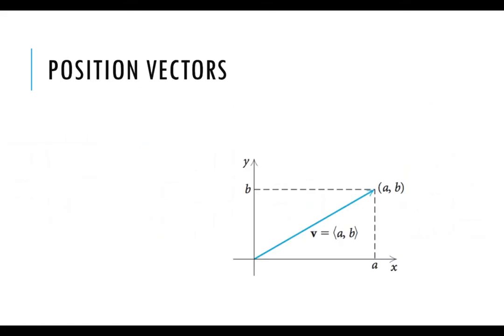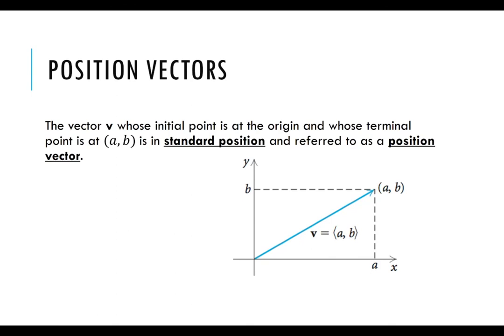Okay, so we're not just going to work with vectors geometrically, we're going to work with them as their number parts too, but to get there we need to have a different representation. And so we're going to talk about position vectors. And so the vector v, whose initial point is at the origin and whose terminal point is at the point (a, b), is in what we call standard position, and is referred to as a position vector.